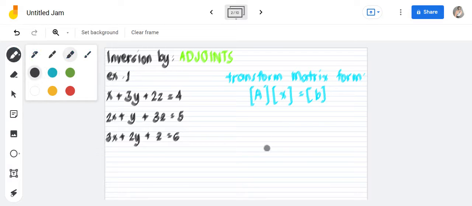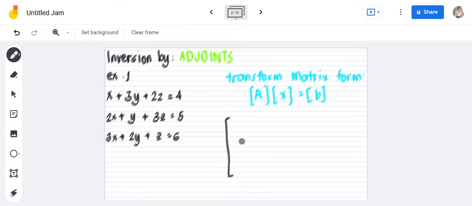So in this case, matrix A will be 1, 2, 3; 3, 1, 2; 2, 3, 1.